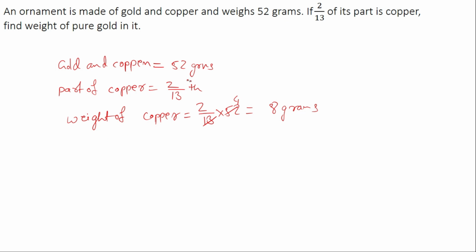That means out of the mixture of gold and copper, 52 grams, 8 grams is copper. So obviously the remaining part is gold. So the weight of gold is 52 minus 8 grams, that means 44 grams.